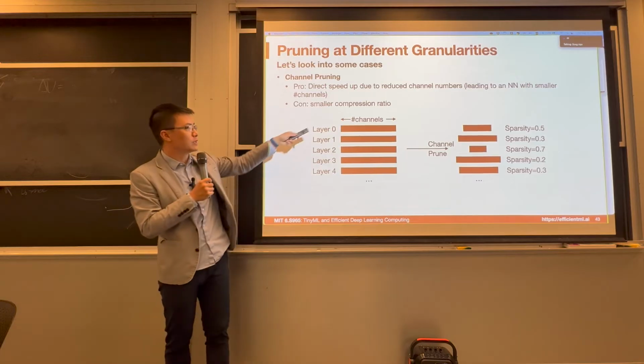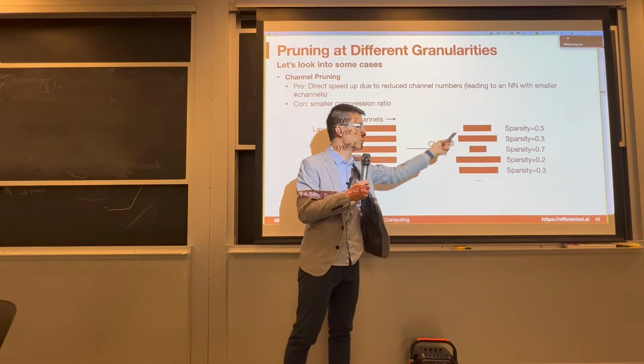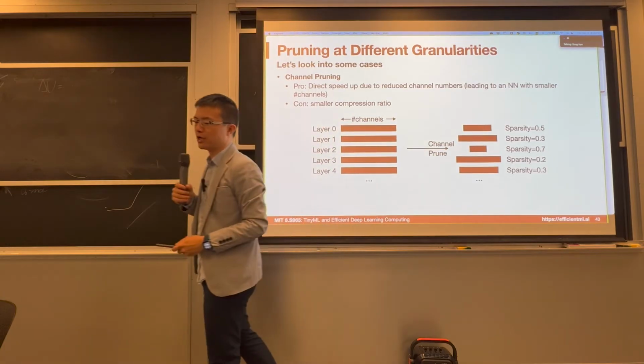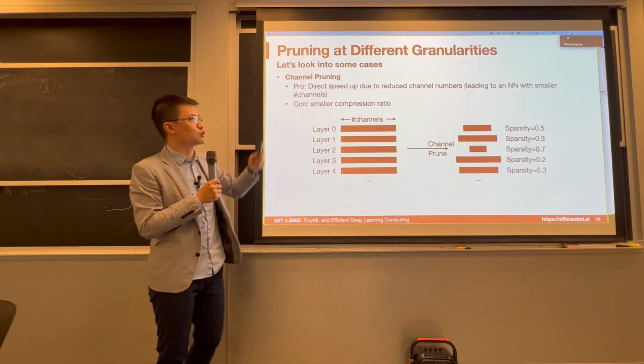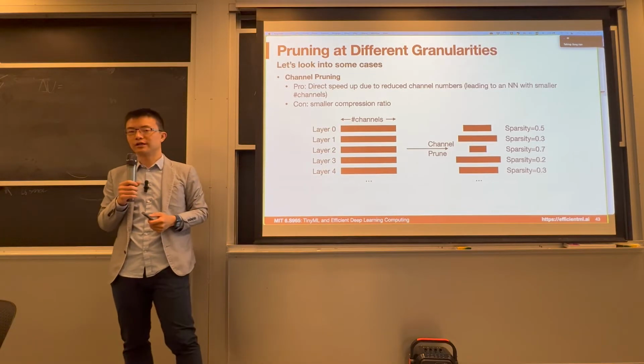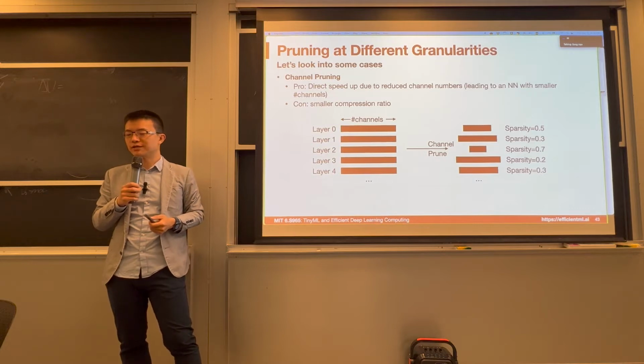Imagine we have 5 layers. We reduce the number of channels, so each layer will become narrower. The con is that it has a smaller compression ratio, roughly ranging from 10 to 30% to 50%, rather than 3x or 10x.